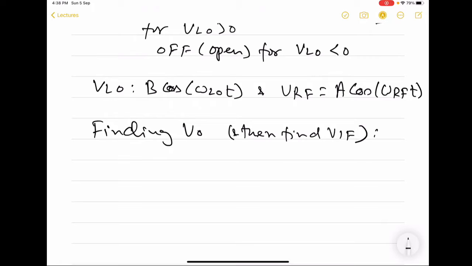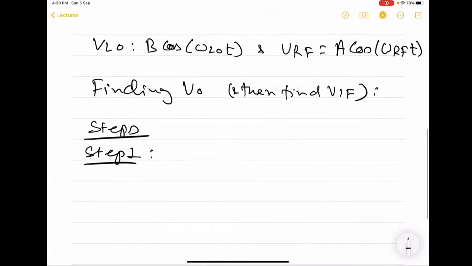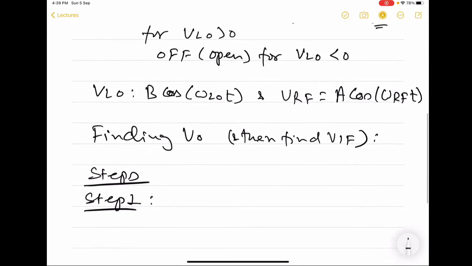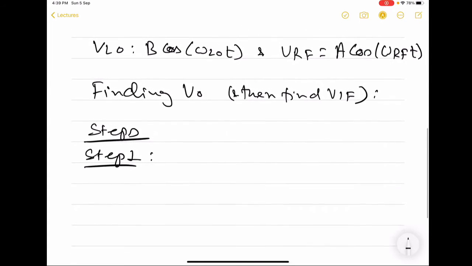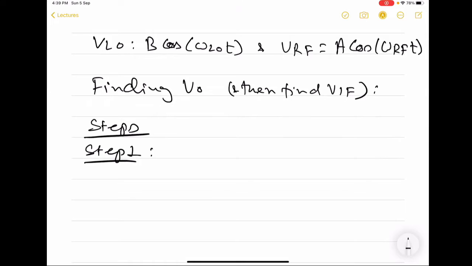We will be following this for subsequent mixer analysis. So I will point out the steps. First, for one half of LO, find out the output. Say for the first half.